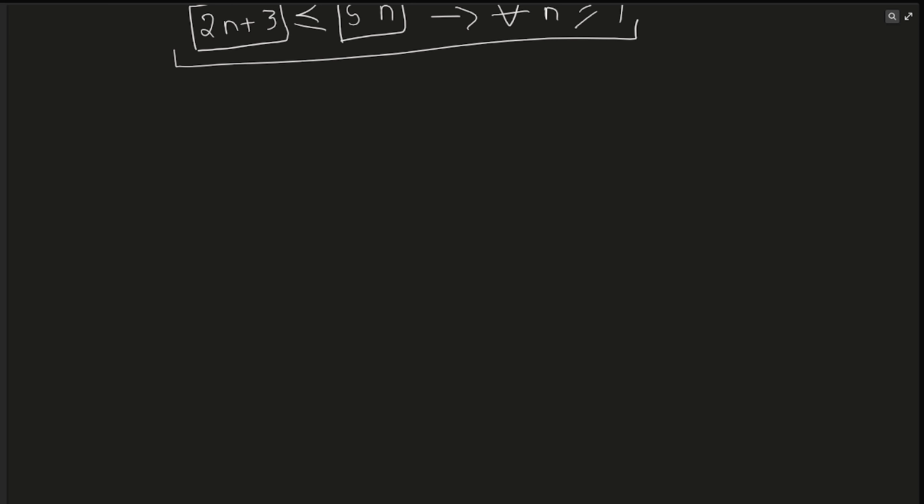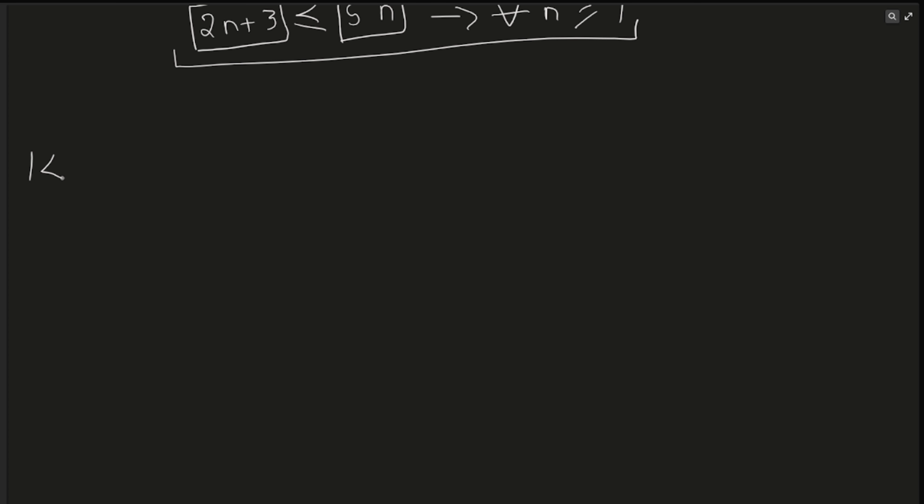Here f of n equals 2n plus 3 function belongs to the class n, and the inputs above n are upper bound and the inputs below n are lower bound, and n itself is the average bound. Let us see that with the time function comparison.